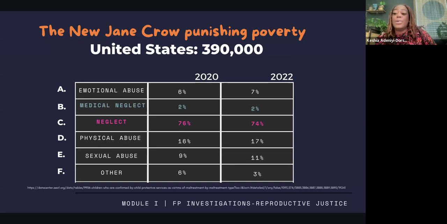And not getting too deep into things, but I think it's important for folks to know in the context of the family policing system that prior to the 1960s, neglect was not a reason in which children could be separated from parents or these cases be filed.